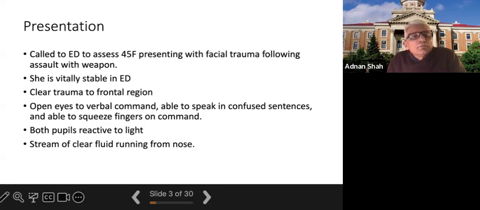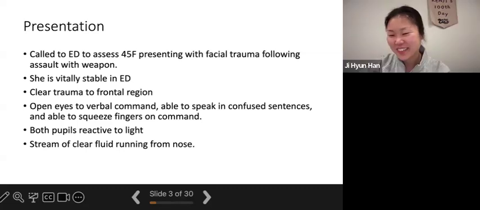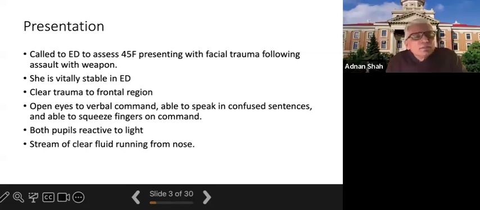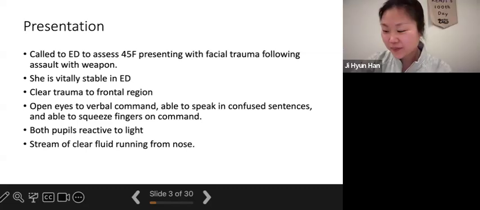Both pupils react to light, and there is a stream of clear fluid running from the nose. What is this patient's GCS? I'm going to need a second to calculate that. Absolutely, you will have time for that. Okay, sounds good. Give me a second.